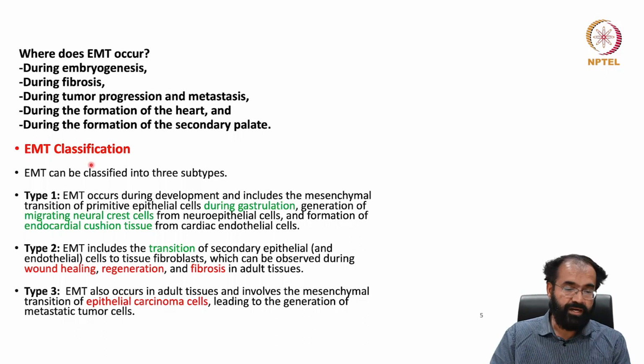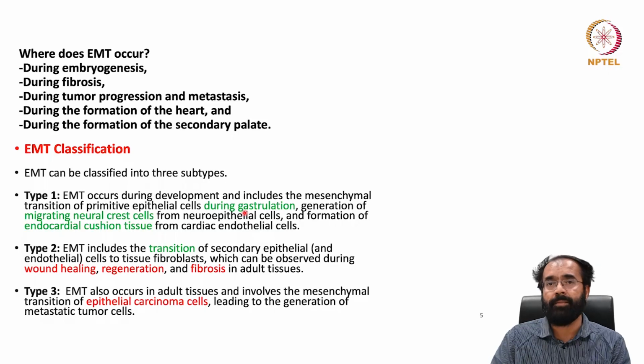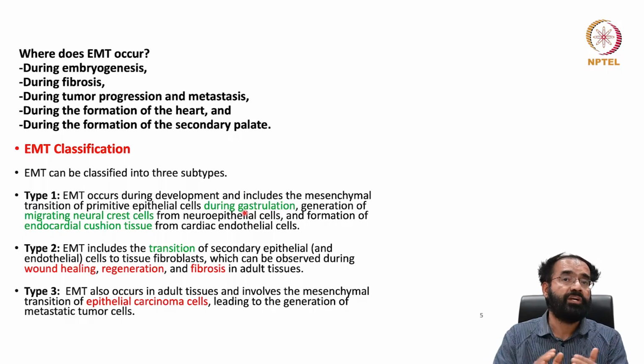EMT can be classified into mainly three subtypes. That is type 1. What is type 1? EMT occurs during development and includes the mesenchymal transition of primitive epithelial cells during a process called gastrulation. Gastrulation is a time where the ectoderm and endoderm interact together to give rise to a mesoderm.